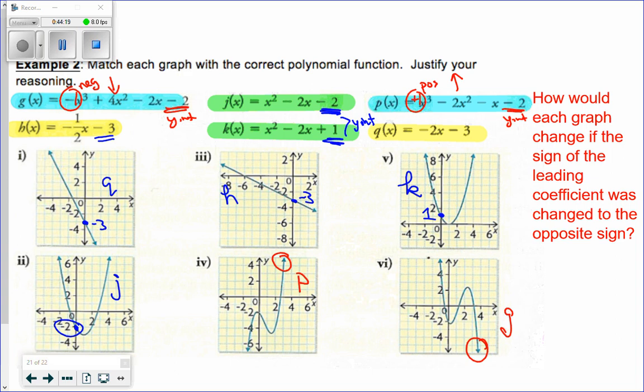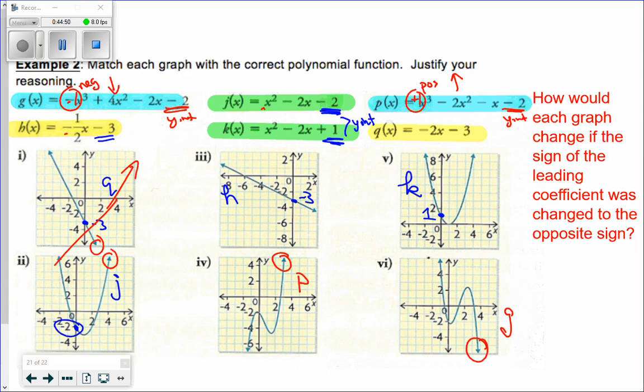So beside the question, how would each graph change if the sign of the leading coefficient was changed to the opposite? If this one was changed from negative to positive, if this one was changed from negative to positive, if this one was changed from positive to negative, what's going to happen? It's just going to reverse how it ends, right? So this one, instead of going down, it's going to go up.